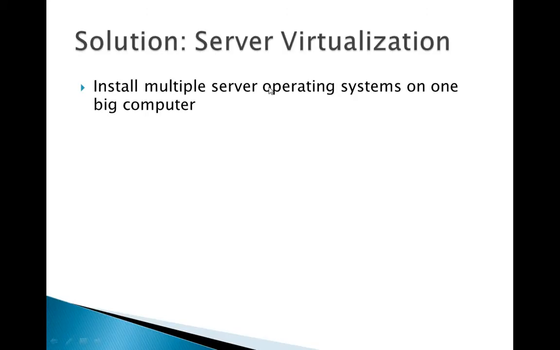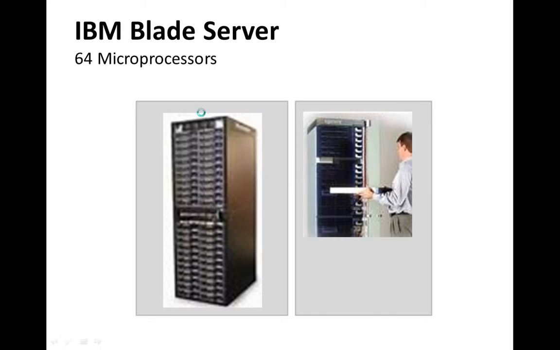What we did is we got one big server and we installed multiple server operating systems on that one big server. We got an IBM Blade server, which is a big old server with 64 processors, and this thing that looks like a lunch tray is one of the 32 blades.